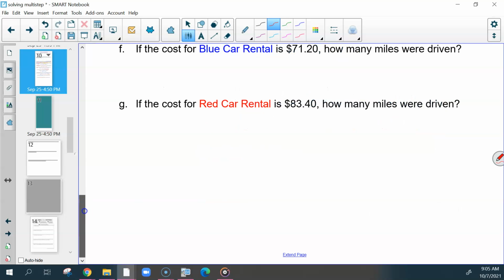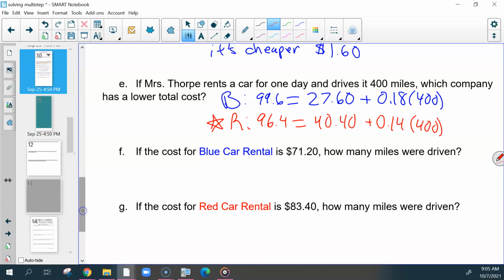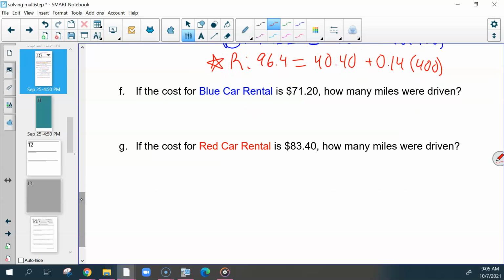So for part F, now it gives us the cost, and we have to find how many miles. So now we are going to solve this, because it gives us what it equals. And we have to find M. How would we solve this?